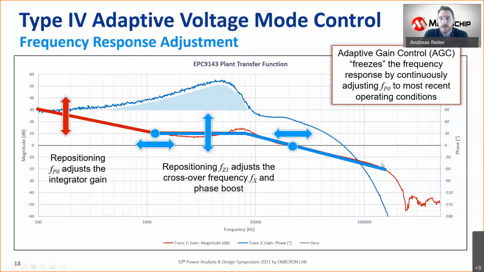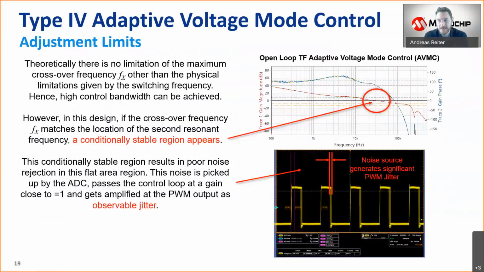Good. So this second resonant bump, if we are trying to push the crossover frequency to its maximum, there's still a physical limit we have to consider. So when the crossover frequency matches this resonant point, you will see that we might have damped it, but it's not gone. So if the crossover frequency matches this resonant point or even slips into a positive range, then we will see that this resonance that creates this bump is starting to show up in our control system.